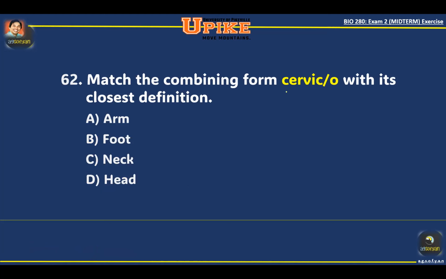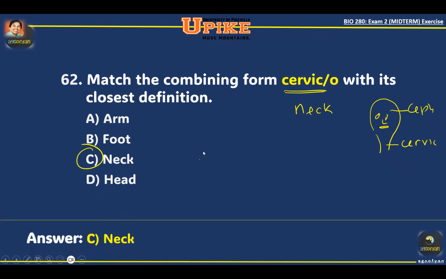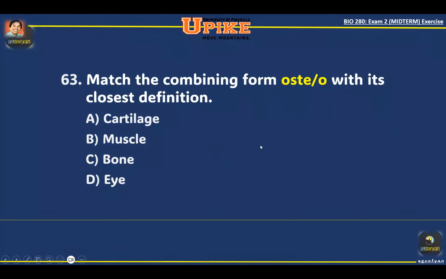How about cervix? Cervix means the neck. You have head, you have neck. This is cephalo, this is cervix. So the neck. How about osteo? We already mentioned this several times.